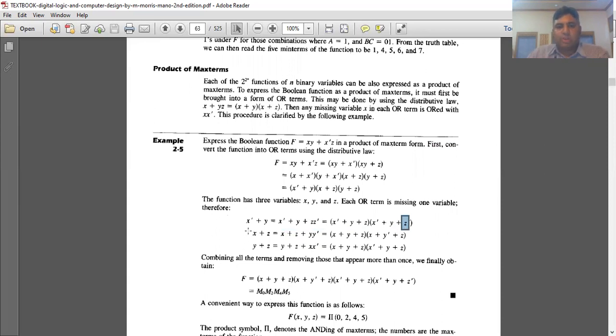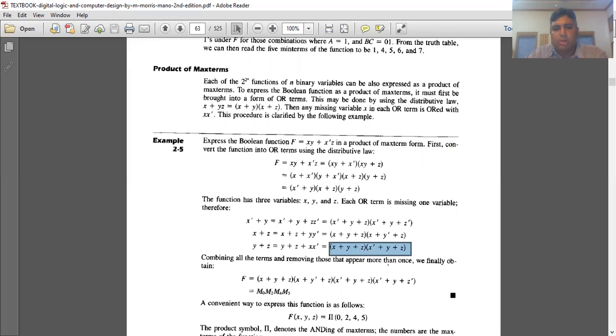In a similar fashion, for x plus z, we will add y bar and apply the same formula: x plus z plus y, and x plus z plus y bar. It will become this. And in a similar fashion, for y plus z, we will add xx bar, the missing variable, and apply the same formula.